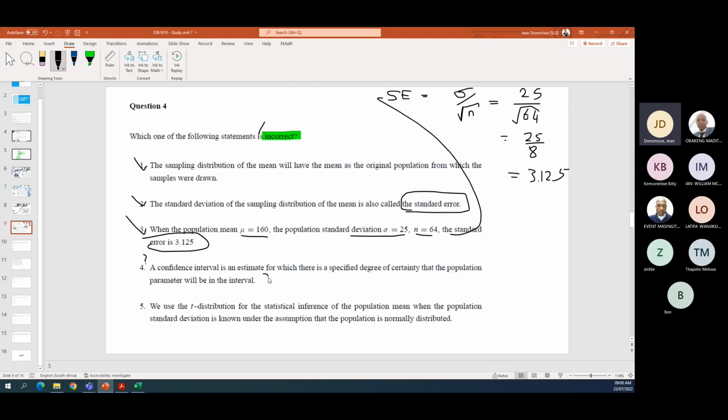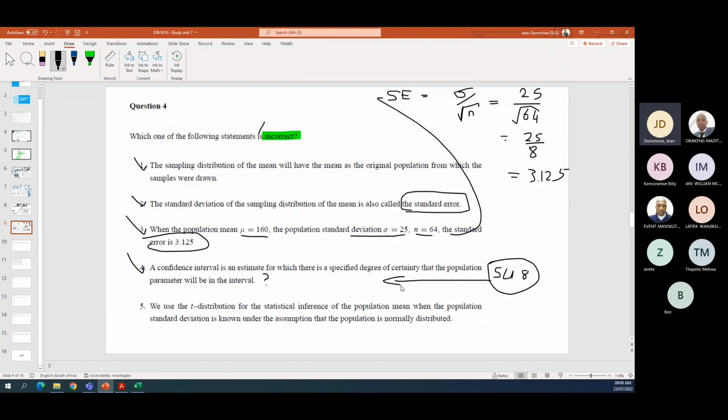Okay, so this is true, but I think this will only be part of study unit 8 when we start with that. So this is study unit 8's work, confidence interval.